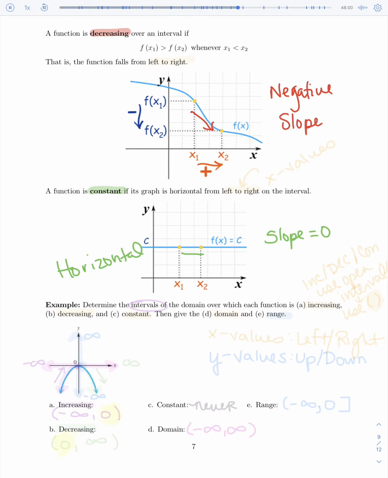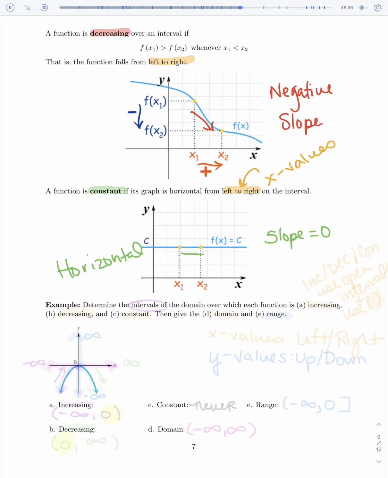The key to being able to find out when a function is increasing or decreasing hinges on something super small, which is that you're always looking at your graph from left to right, which means you should be using x values to describe when you're increasing or decreasing, which means you should be looking at domain values.